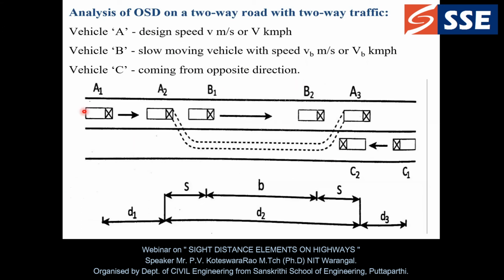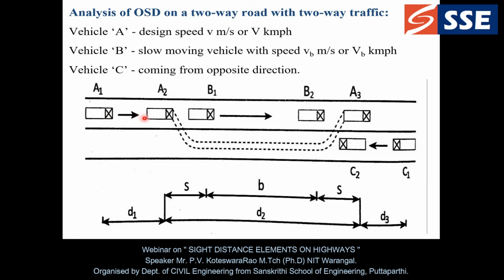So here vehicle A is there. It is traveling a certain distance with the same speed. Please observe this one. Here I am having the B and here I am having another B portion. So please observe this diagram clearly. Very, very important. Initially the vehicle travels with the same speed up to a certain distance.